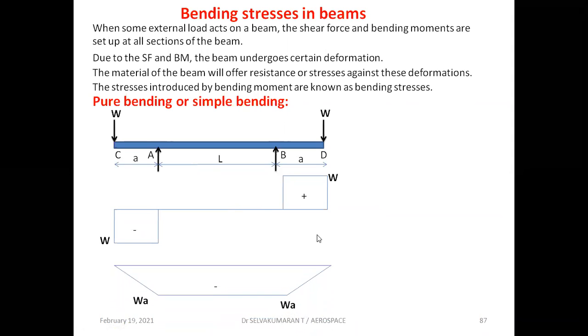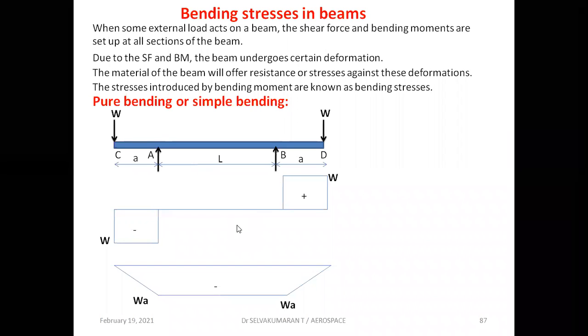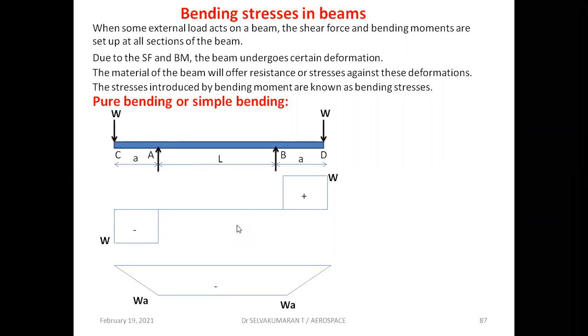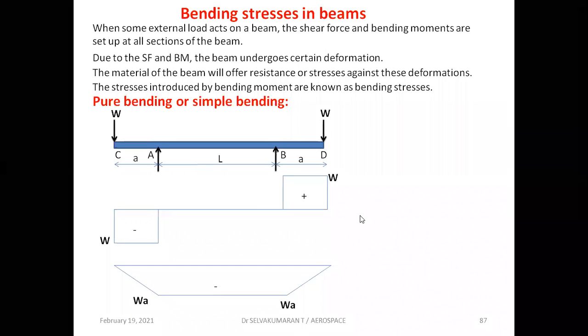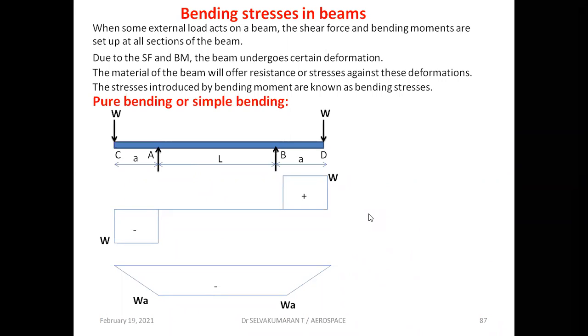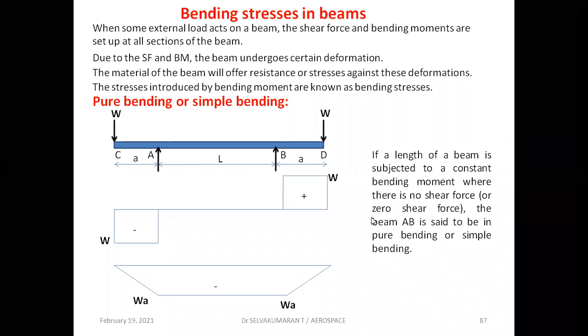Look at the bending moment diagram. I have got a constant bending moment value for a portion of the beam of length L between A and B. So for a portion of a beam AB of length L, where there is zero shear force but it is subjected to constant bending moment, the beam is said to be in pure bending or simple bending.